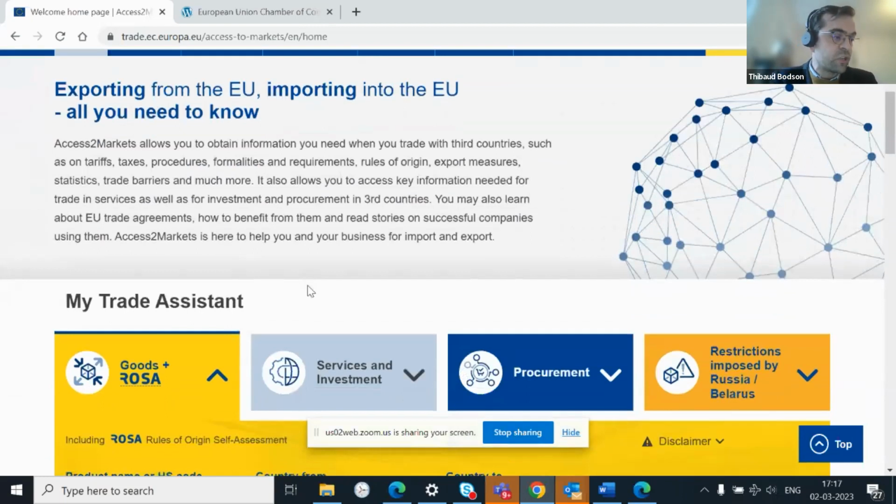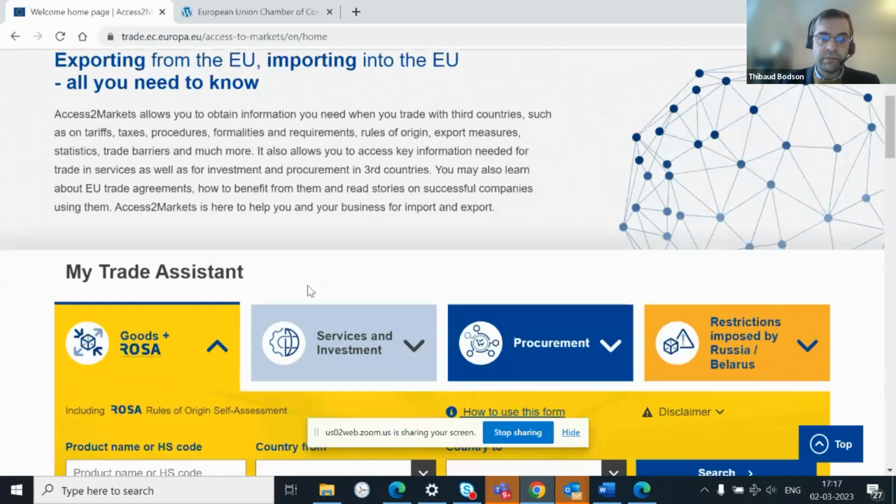So it should help operators, stakeholders, businesses, business organizations, chambers of commerce, and so on, to have concrete, practical information on the conditions, on the legal requirements that service suppliers, say a law firm, have to fulfill when they want to export services to third countries. So again, the objective is very much to help them have a better understanding of the conditions that they will have to fulfill when they want to export their service.